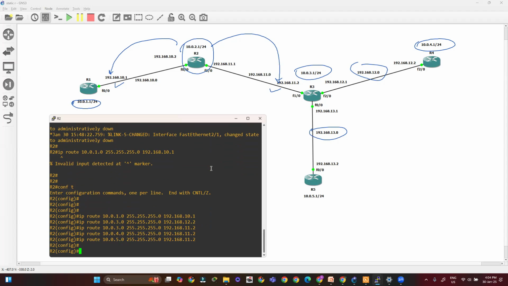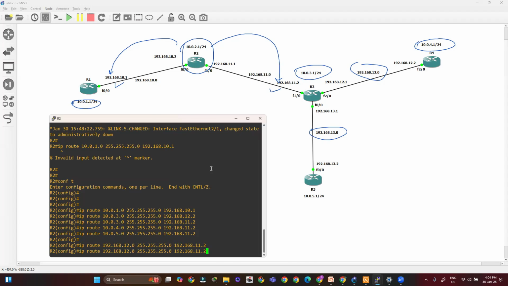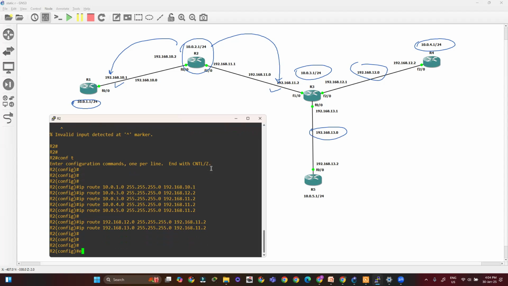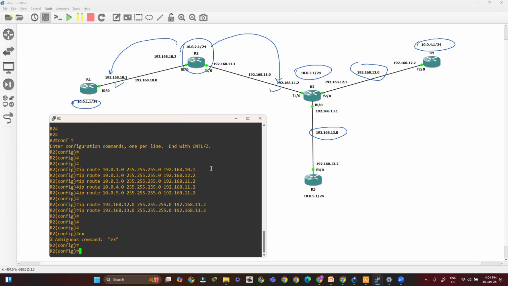Then we have to define the other networks on the right side also, like ip route 192.168.12.0 and 192.168.13.0. We have to define all of these networks. So this is how you can configure the static route.